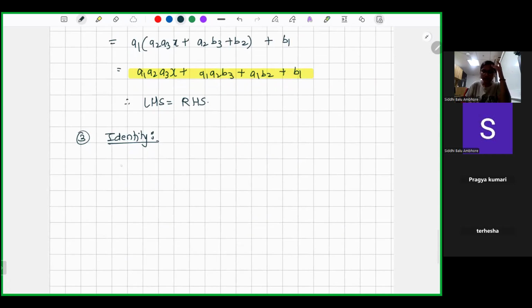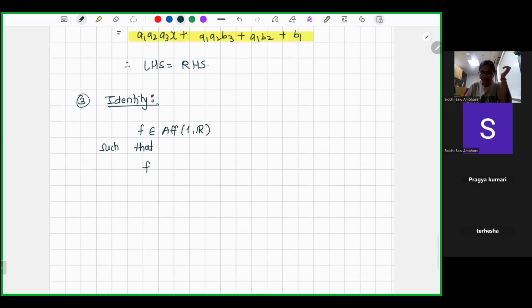So what is the identity element? What I need is some function f from this set such that whenever I compose this f with any f a1 b1 in this AFF1R, I have f composed with f a1 b1 equal to f a1 b1.